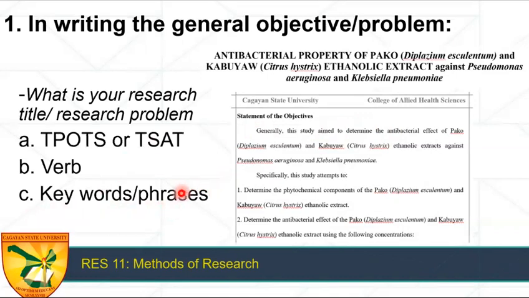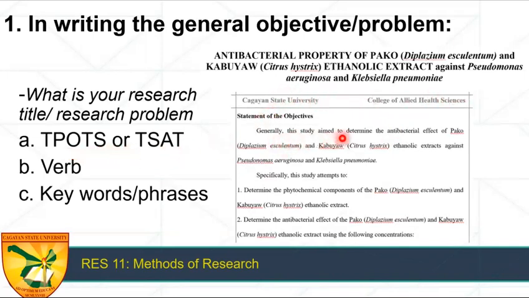So your groups of people and the issues, who is going to be researched on, what is going to be researched. So for example here, look at your title: the antibacterial property of pako, Diplazium esculentum, and kabuyaw, Citrus hystrix, ethanolic extract against Pseudomonas aeruginosa and Klebsiella pneumoniae. So you will see here your T-POTS.